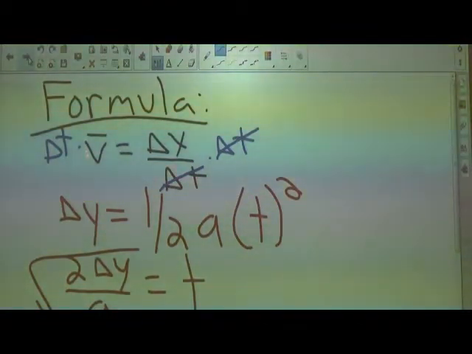So, once again, we come back to this velocity formula, which is displacement over time. We get rid of the time on this side, so now displacement is the change in time times the average velocity. We didn't say there was a wind blowing beyond the 1.1 meters per second.